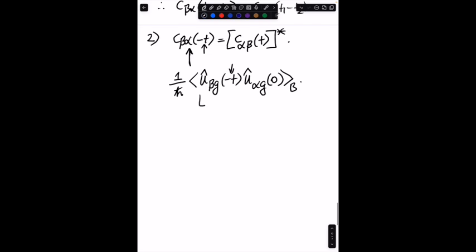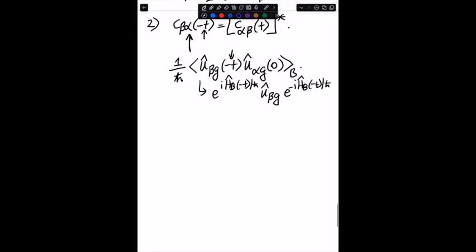And here you can write this out as e raised to the power minus i H_B t upon h bar. Okay, to be more clear, I write it as e raised to the power i H_B (minus t) upon h bar, u beta g, e raised to the power minus i H_B (minus t) upon h bar. Right, so that's quite obvious.